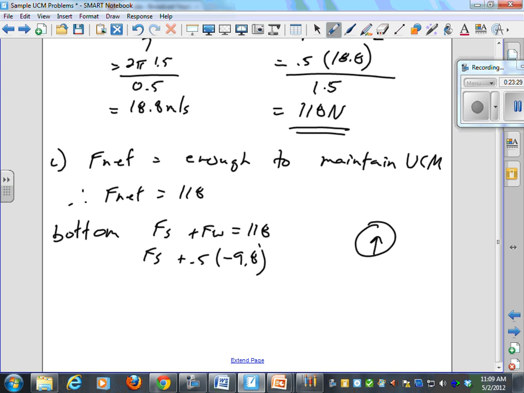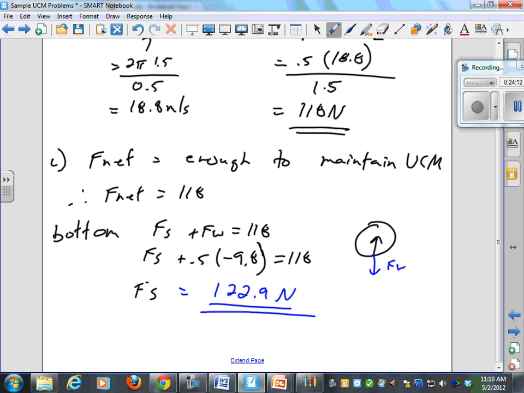The net force has to be up so that it stays in. So this is positive 118. When I take the negative 9.8 to the other side, it becomes positive. The weight force is down, so my string force is going to be 122.9. And we all know the tension has to be bigger, more than 118.